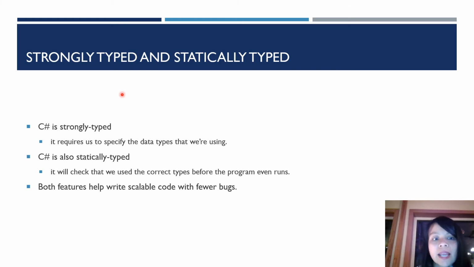Strongly typed means it requires us to specify the data types that we are using. It's also statically typed, which means it would check that we used the correct types before the program even runs. So both these features help write scalable code with fewer bugs.